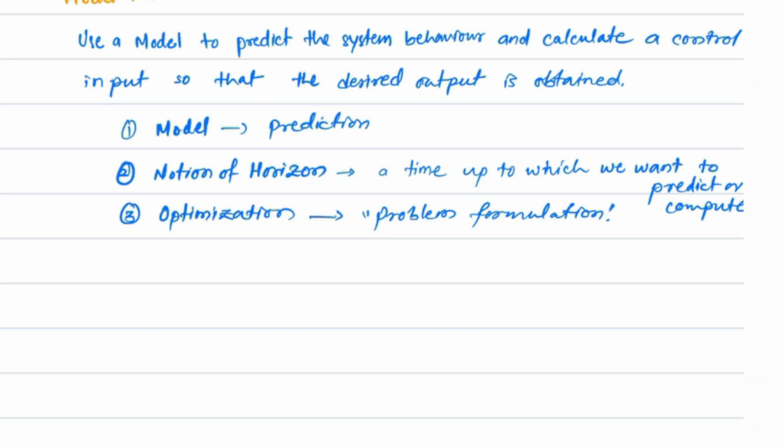Loosely speaking, we have two kinds of horizons. First is prediction horizon, and second is control horizon.